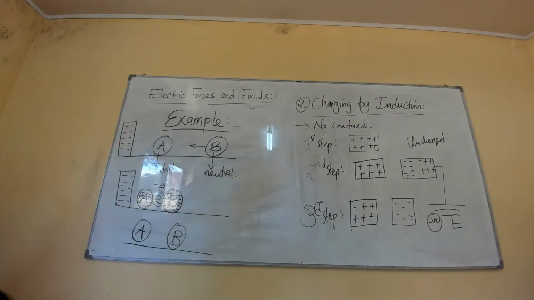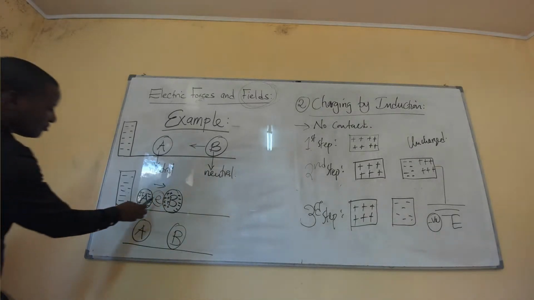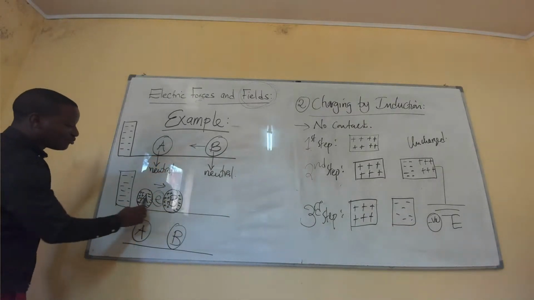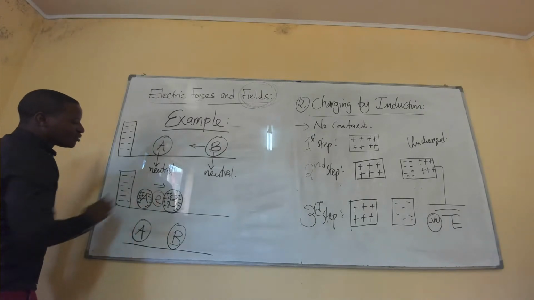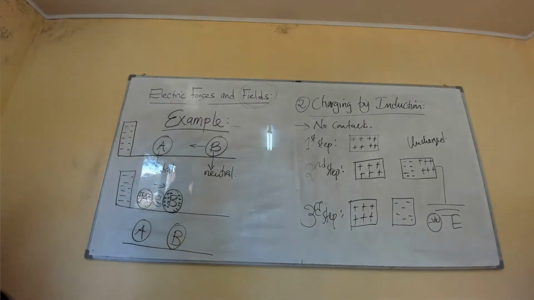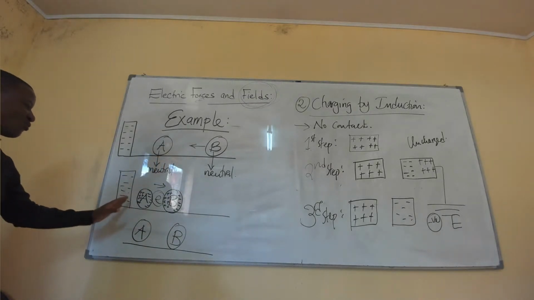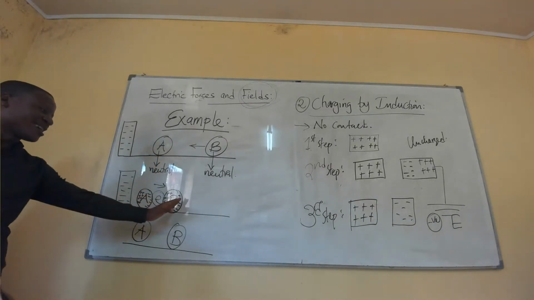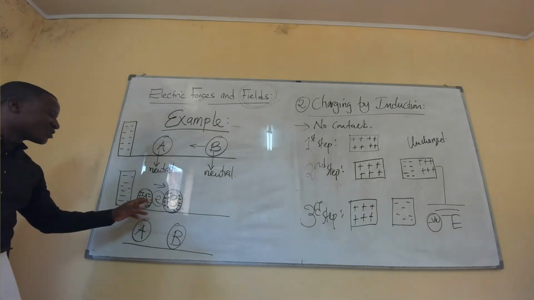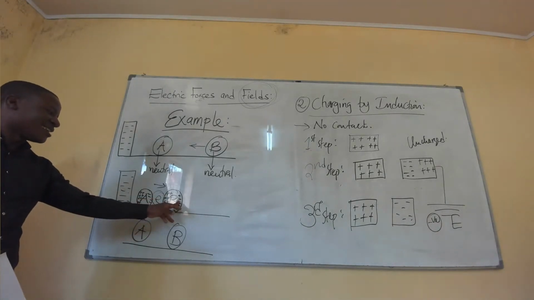During this collision, some electrons will move from one ball to the other, depending on their charges. Since we know that this is negative, it will push the electrons to this other side.